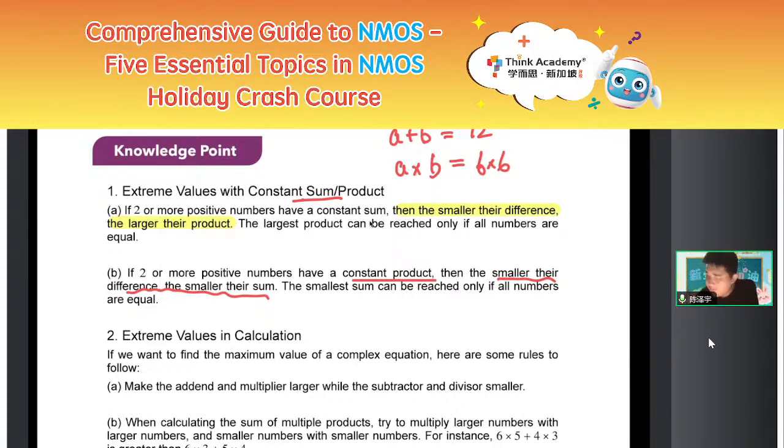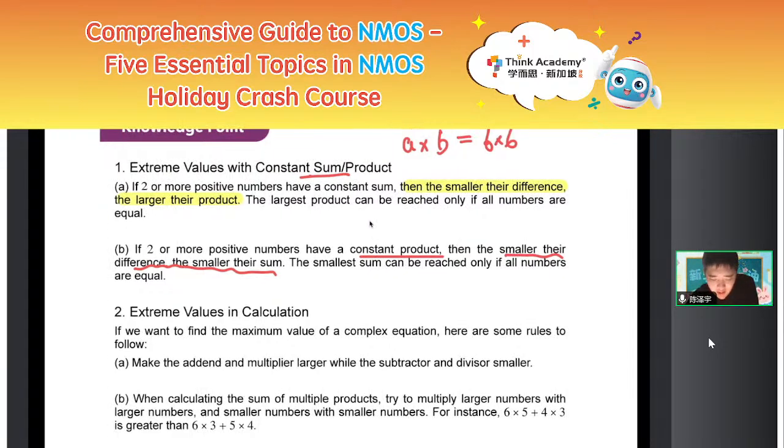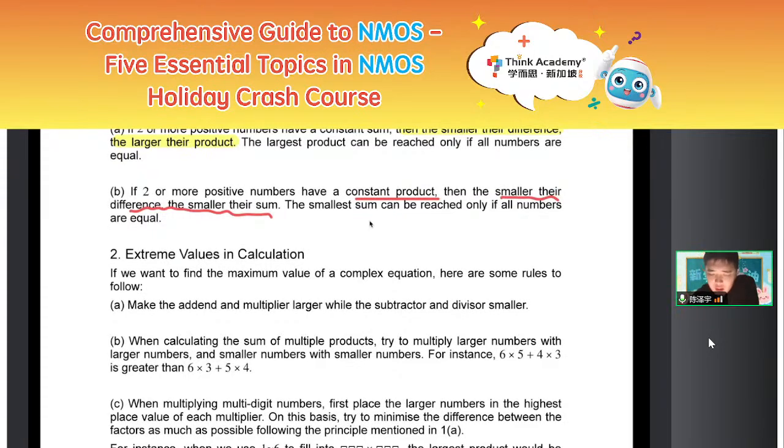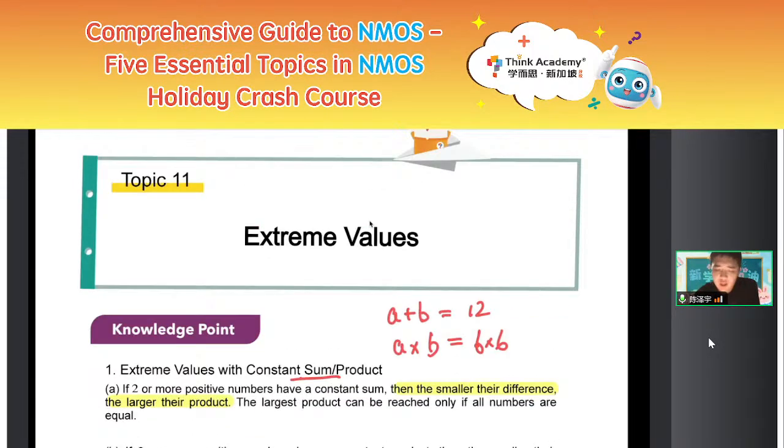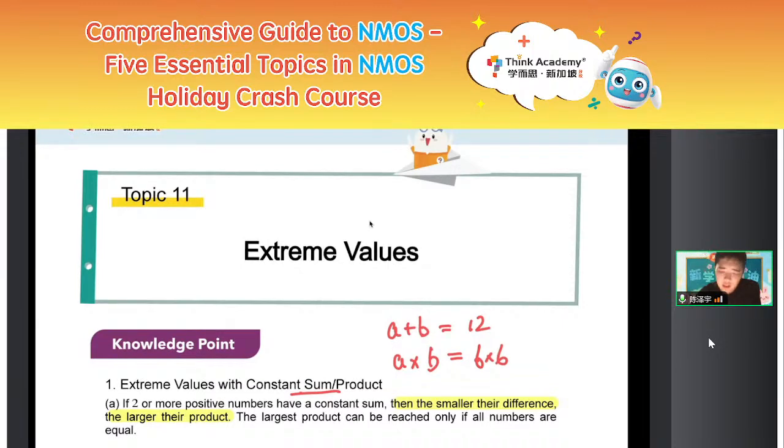If you just joined us, then unfortunately you have missed like 90% of the content today. Whenever we talk about extreme values, there are two cases. First of all, it's the most extreme case.